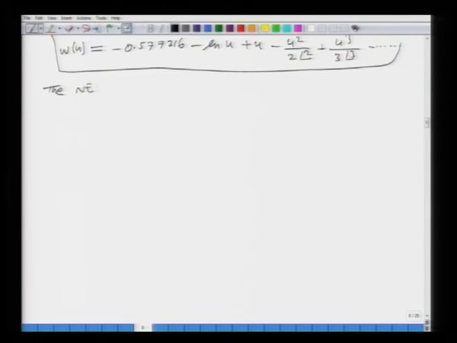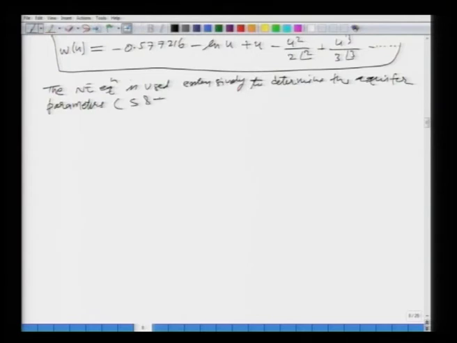The NE equation is used extensively, or very popularly I should say, to determine the aquifer parameters, which is your S and T. And why is that?